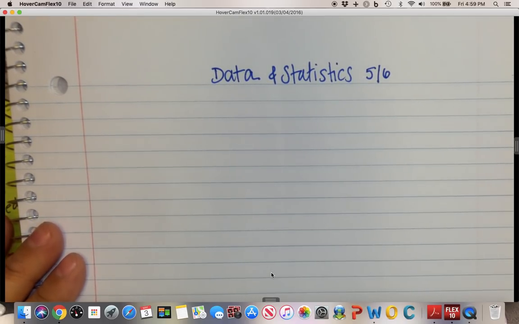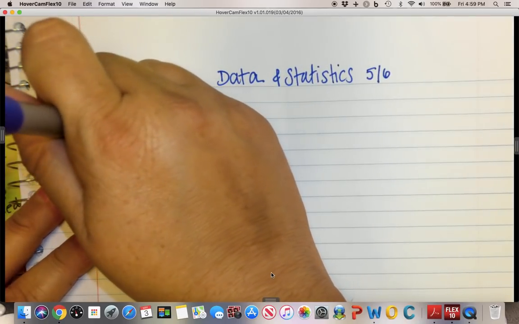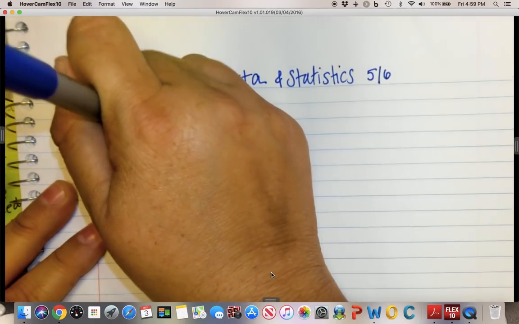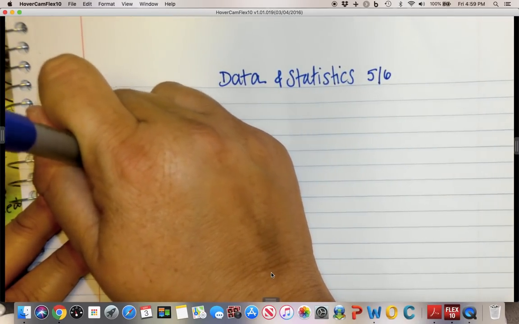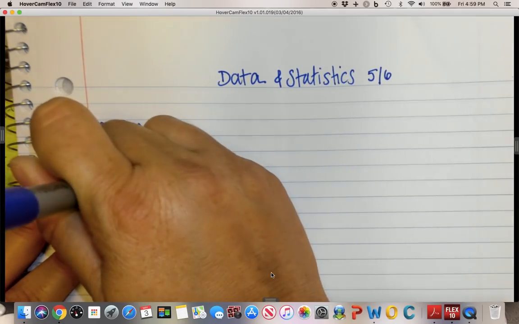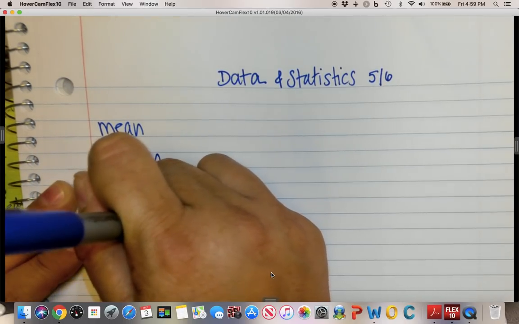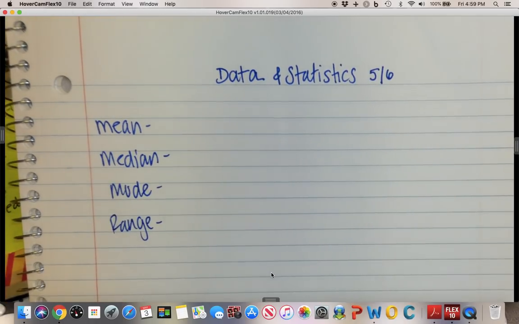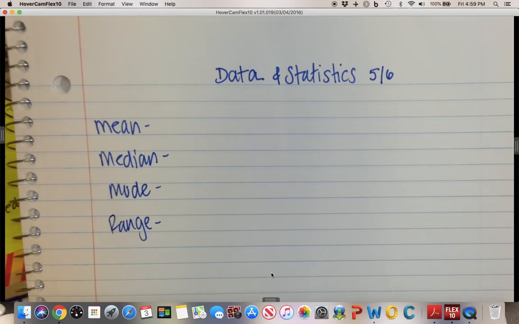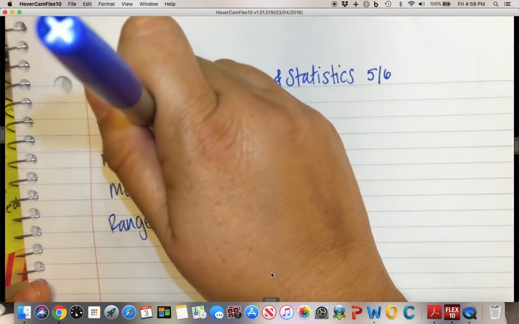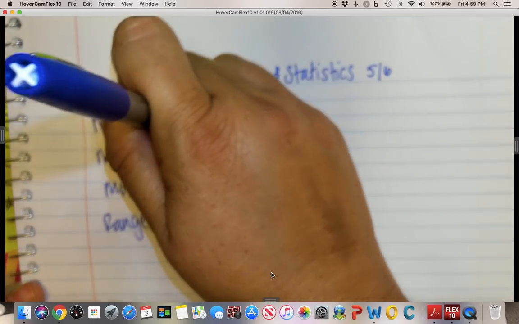So first of all, let's go over mean, median, mode, and range. So you can remember what those four things are. The mean is also known as the average.